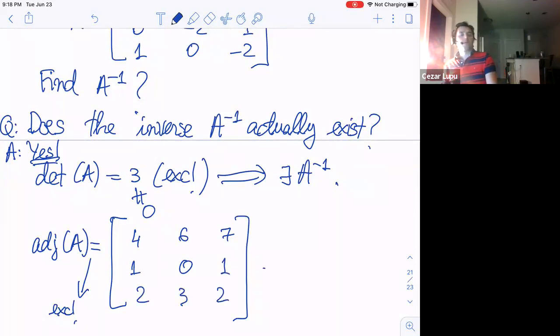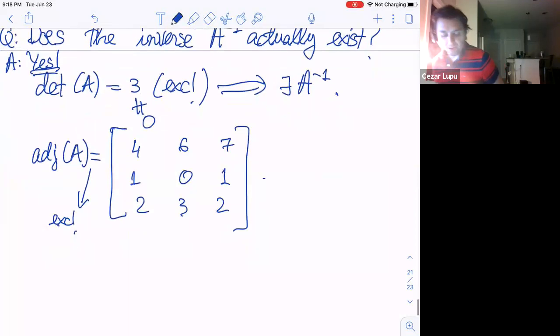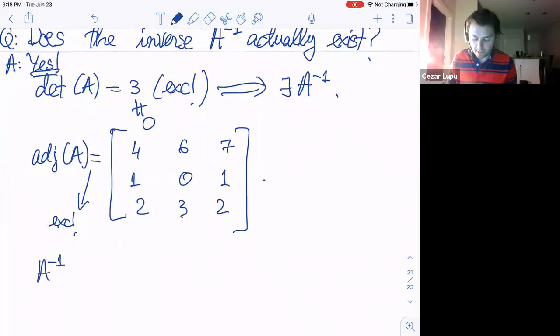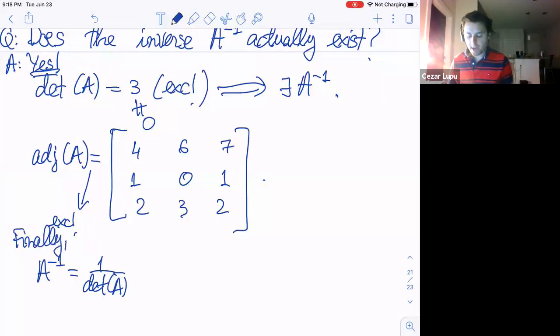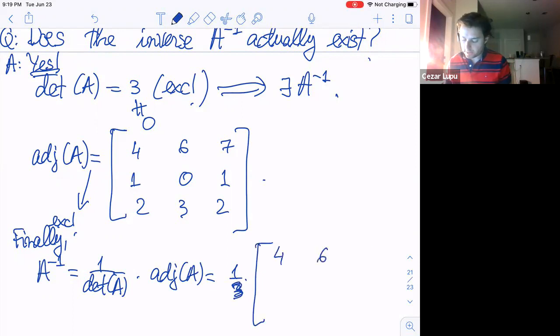And now, the last thing you need to do is that the inverse is nothing else than just 1 over the determinant. So by applying the formula, finally, A inverse will be 1 over the determinant of A times the adjugate, which in our case will be 1 over 3 times this matrix, 4, 6, 7, 1, 0, 1, 2, 3, and 2.